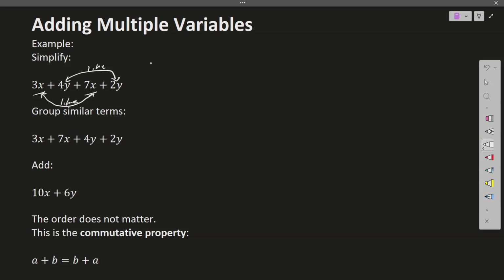And so you add the like terms, or in professional mathematics, you group the similar terms: 3x plus 7x and 4y plus 2y. So you add them. 3 plus 7 makes 10x, and 4y plus 2y makes 6y.